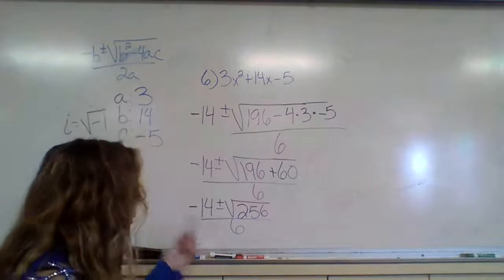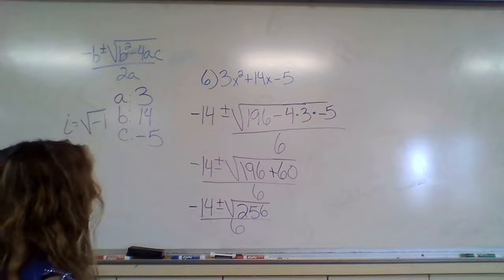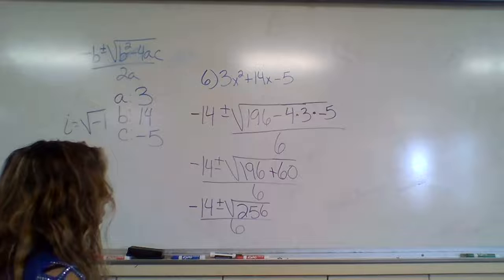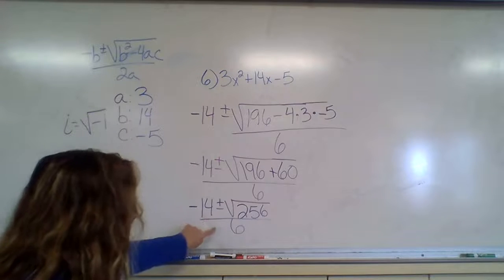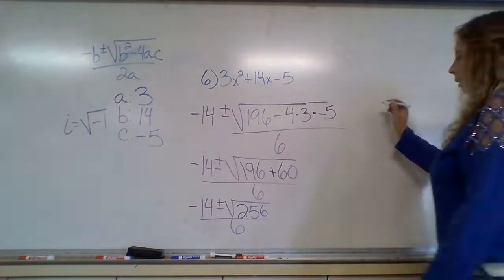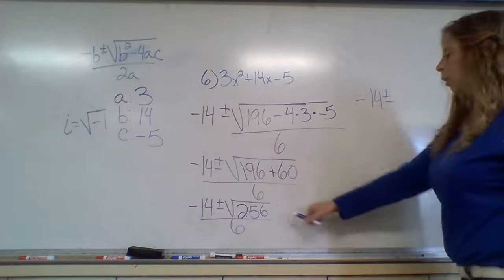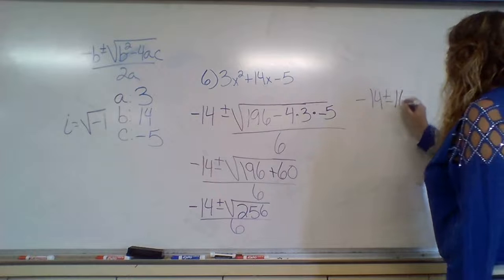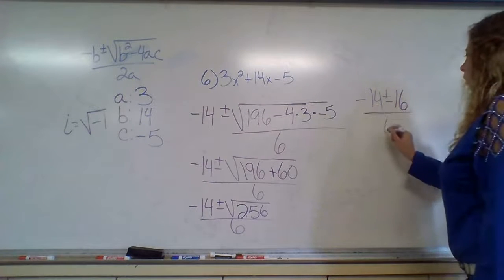So it is a perfect square, but if you didn't know that, you could factor it. You could find the prime factors of 256. But it is a perfect square. It is 16. So negative 14 plus or minus the square root of 256, which is 16, positive or negative 16, all over 6.